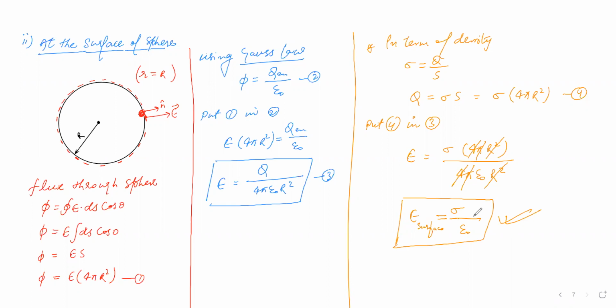This is the value at the surface. And now, in the next part, in case 3, inside the sphere. We are going to calculate now inside the sphere. Again, consider the sphere.